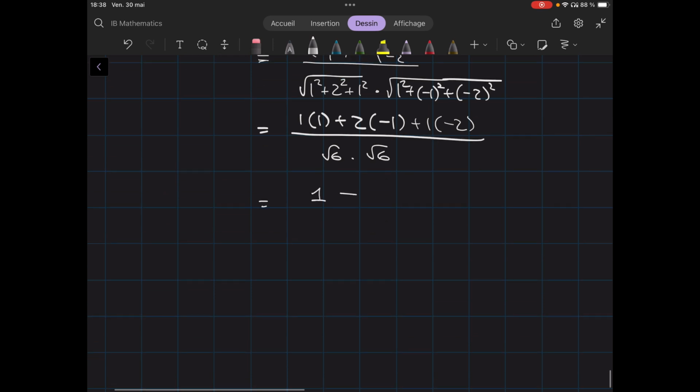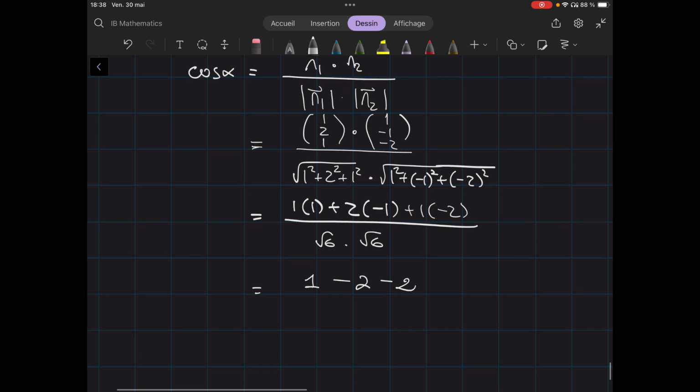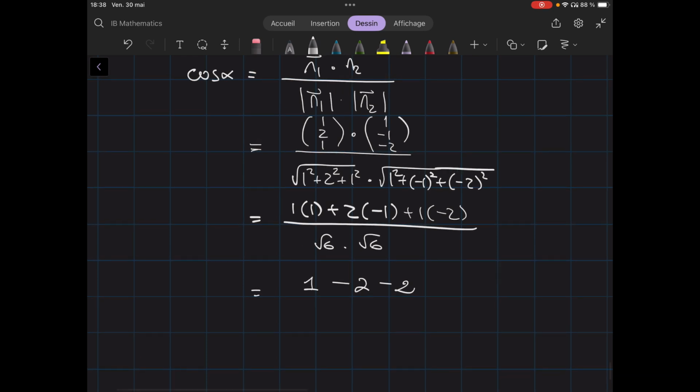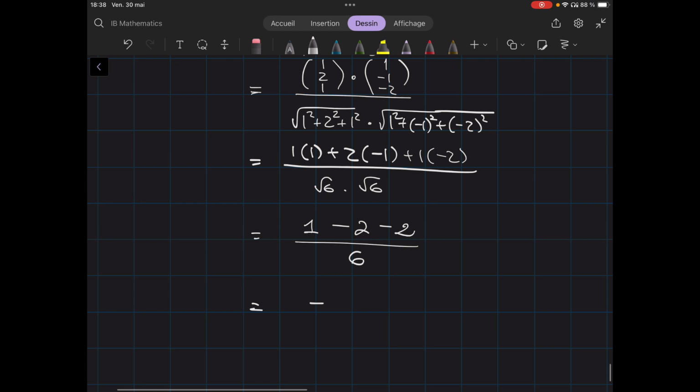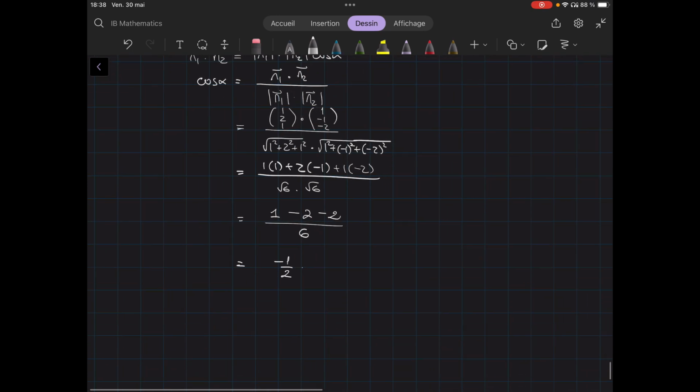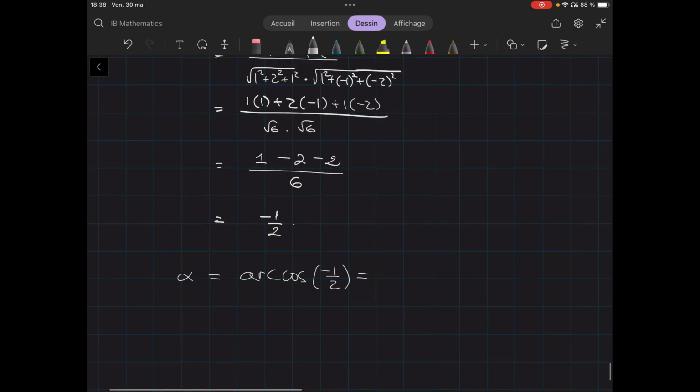So it's 1 minus 2 divided by 6. So it's going to be -1 by 2. Cos of alpha is -1 by 2. Thus, alpha is going to be arc cos of -1 by 2, or 120 degrees.